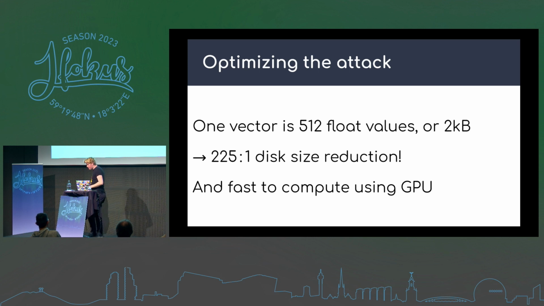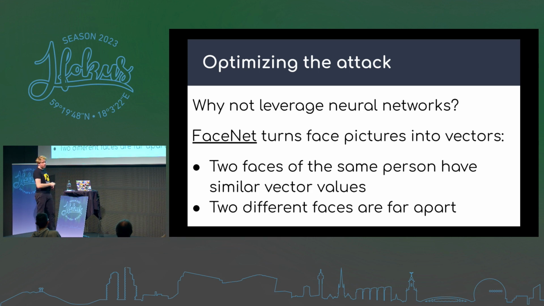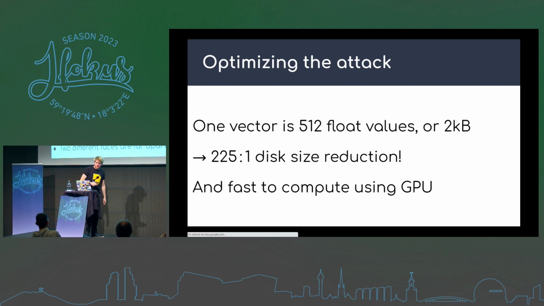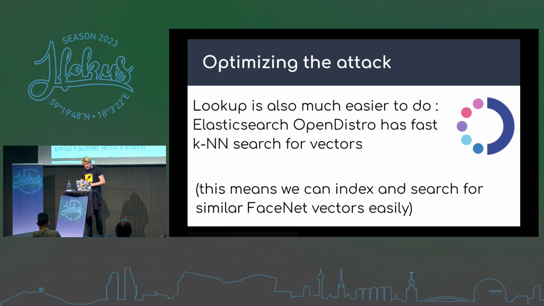And also, since this is based on a neural network, FaceNet is kind of a complex algorithm, but we have a GPU on that device, so we can compute it very fast, even with our limited computing power.